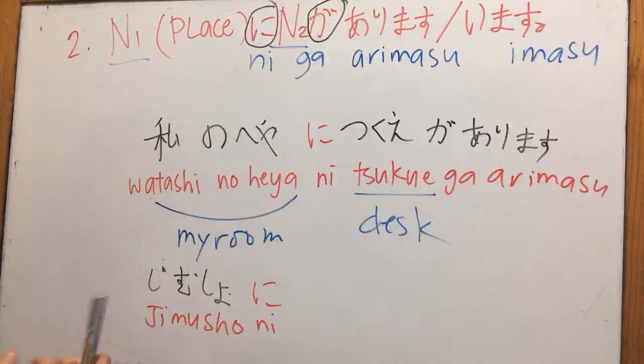Okay, jimusho ni nani ga arimasu ka? Jimusho ni. Who is in the office? So we have, for example, in here Mark-san. Mark-san.